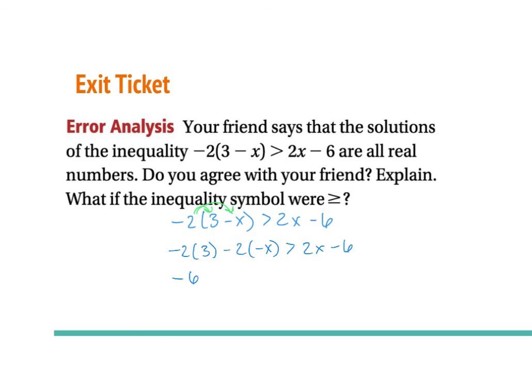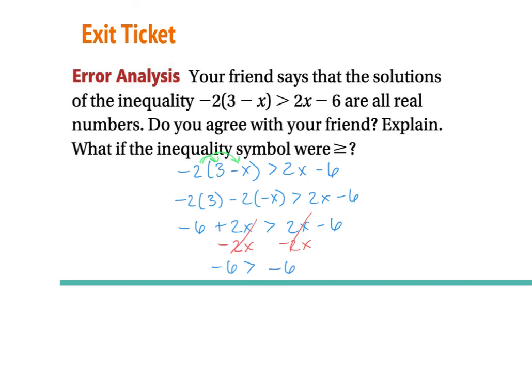This second term becomes positive 2x is greater than 2x minus 6. So now we're going to subtract 2x from both sides. These cancel, and we're left with negative 6 is greater than negative 6. True statement or not? It is not, okay? So x has no solution.